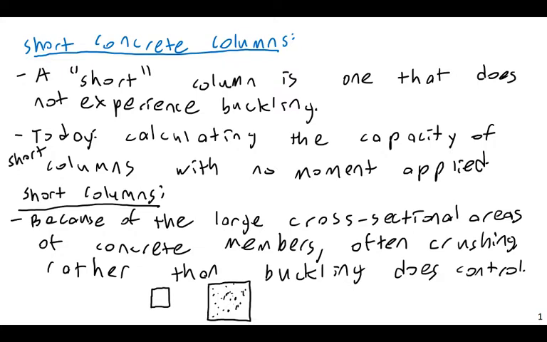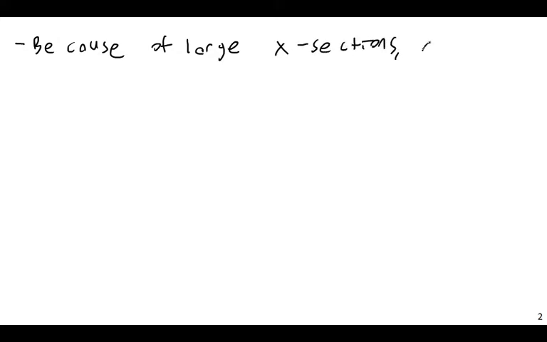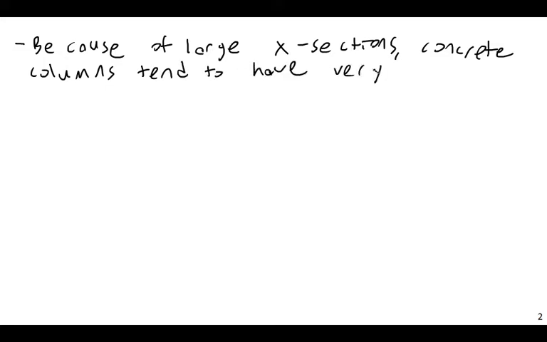steel columns. Because of large cross sections, concrete columns tend to have very large moments of inertia.